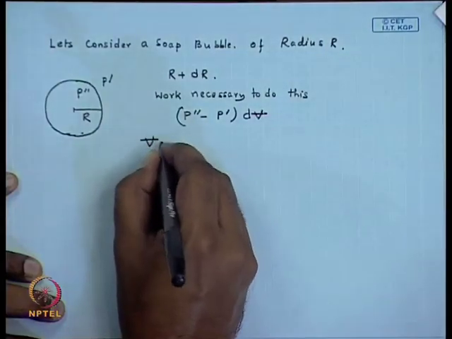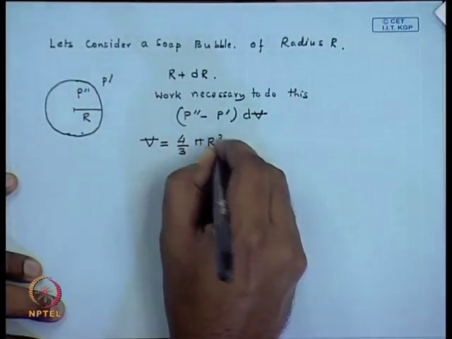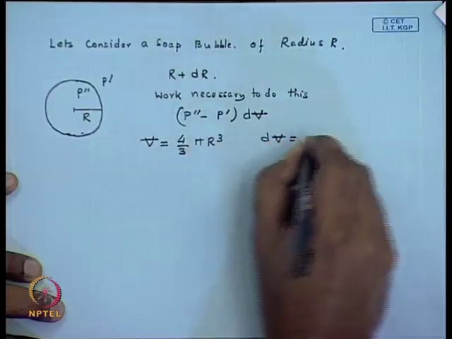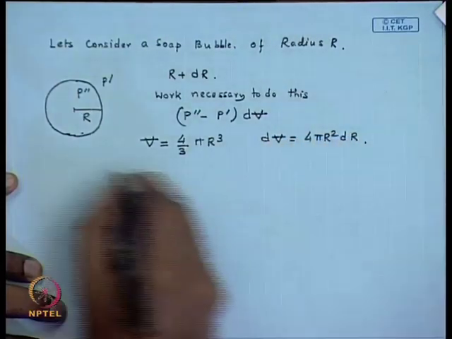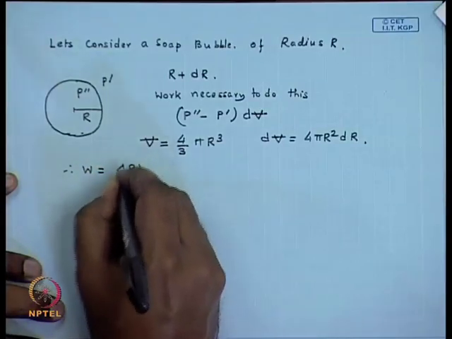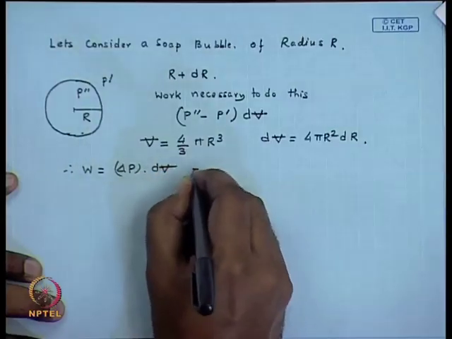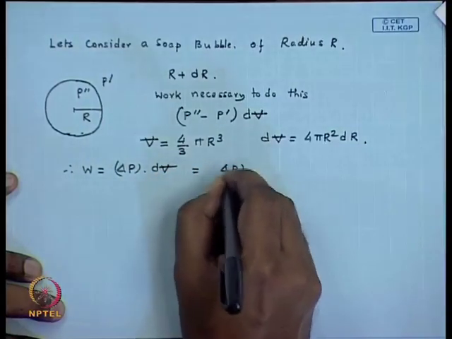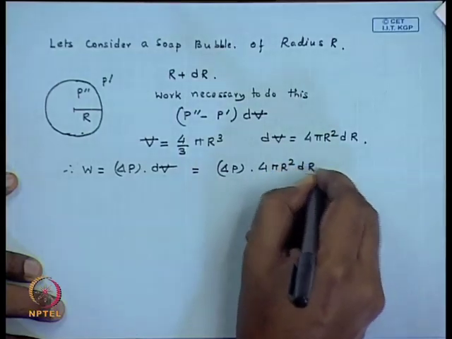The volume of a sphere we know is 4/3 pi r cube. So, dV bar is 4 pi r square dr. Therefore, the work done is the pressure difference into delta V, which is delta P into 4 pi r square into dr.